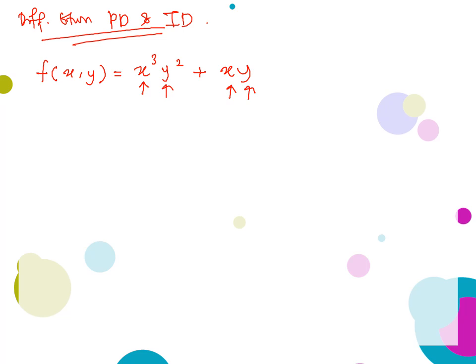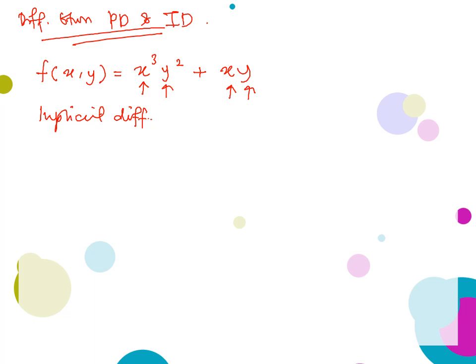So when we perform implicit differentiation, we do not treat the other variable as a constant. We will differentiate the function with respect to x, while for the variable y we will perform implicit differentiation.